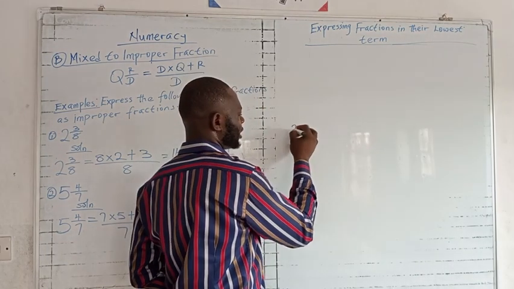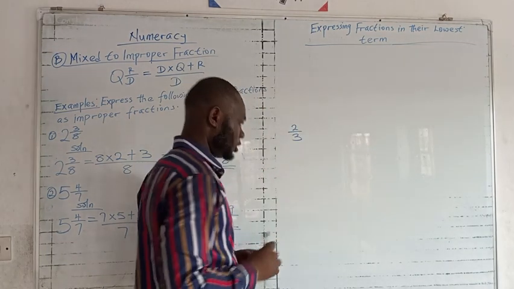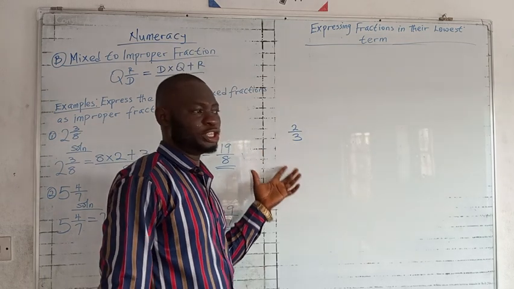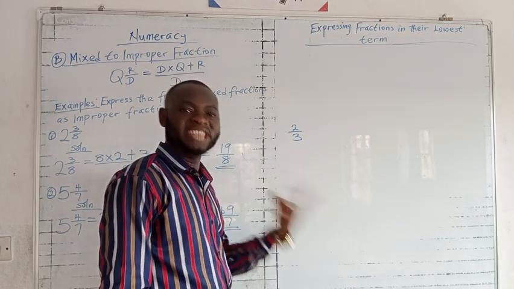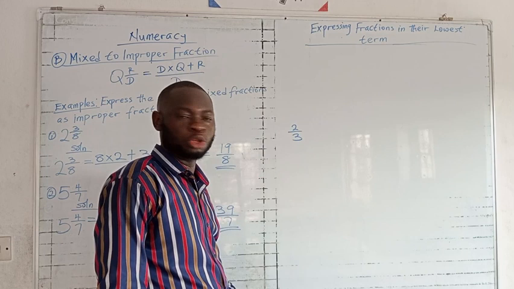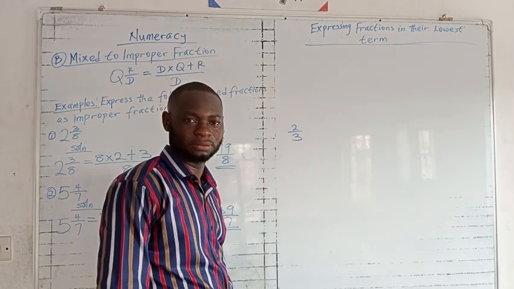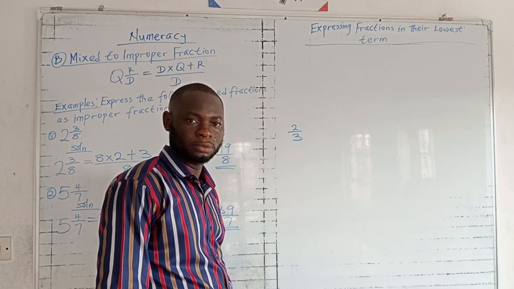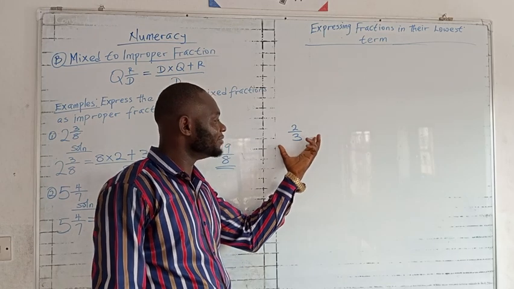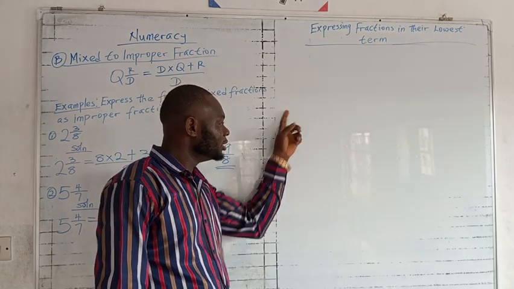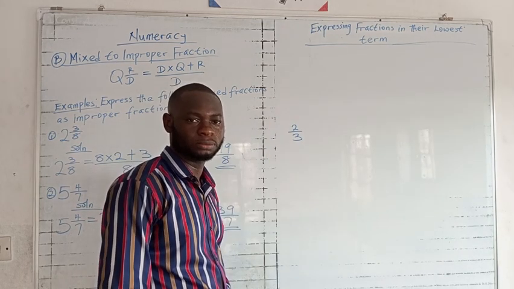When we look at a fraction like 2 over 3, do you think that this is in its lowest term? Yes. What made it to be in its lowest term? Because at this point, nothing can divide. There is nothing that can divide 2 or divide 3. They don't have a common factor.